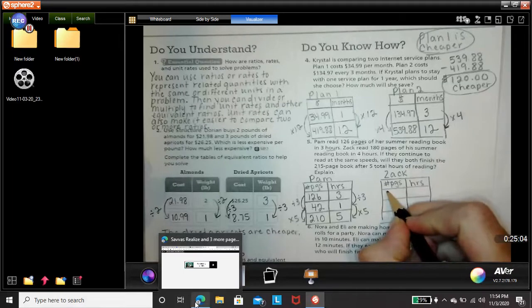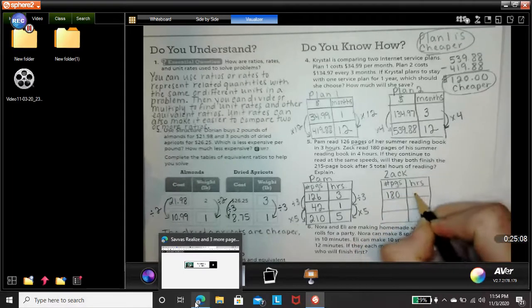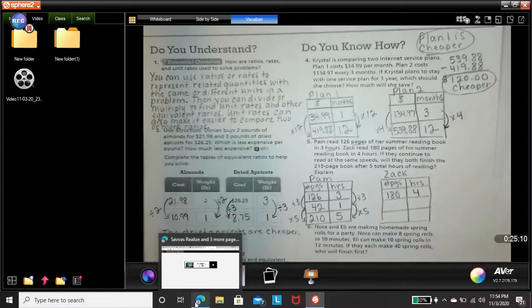Zach reads at a rate of 180 pages in 4 hours. So he reads more pages, but he does read also for an extra hour. So we just want to see, is he a faster reader than Pam? We don't really know that yet until we get down to a unit rate. But then also, will he finish the book in time?